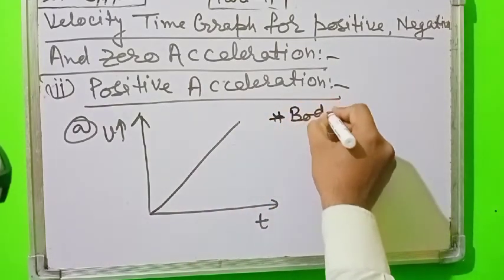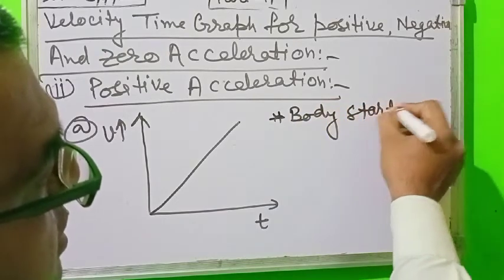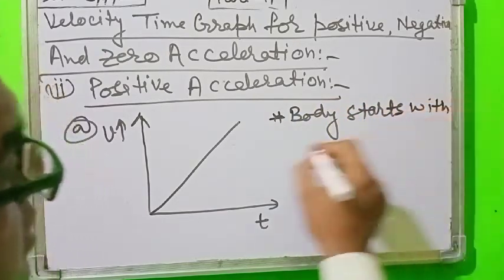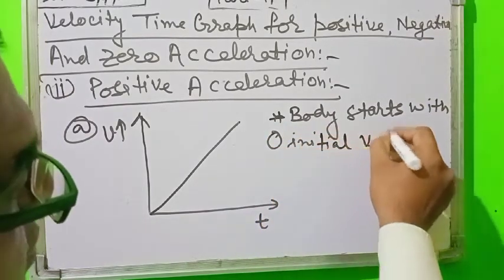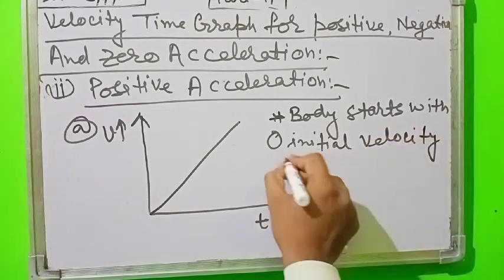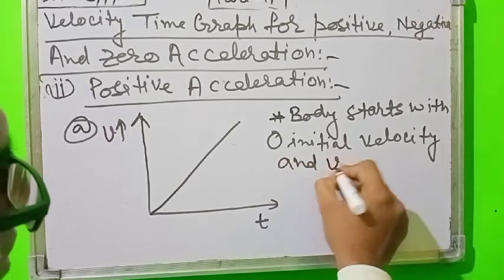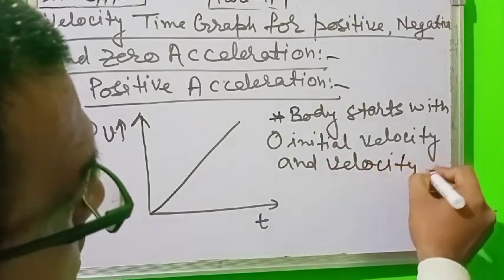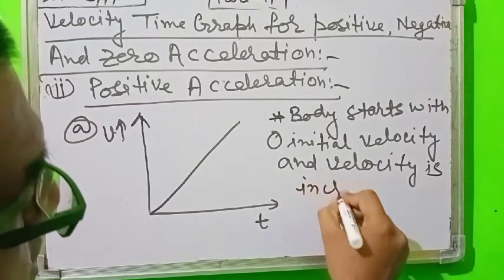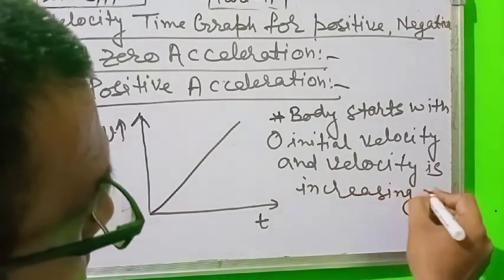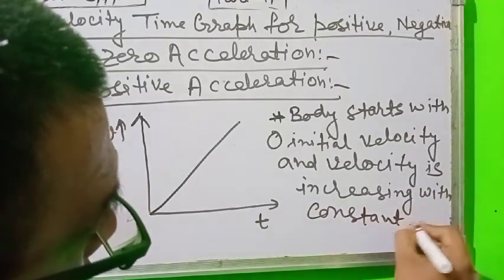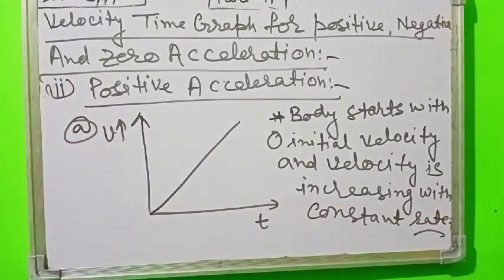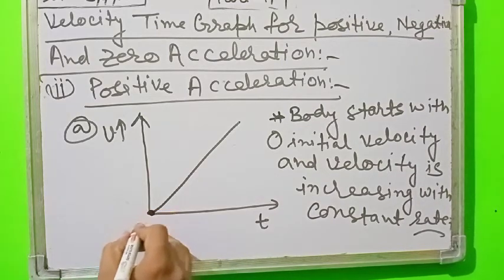Body starts with zero initial velocity and velocity is increasing with constant rate.